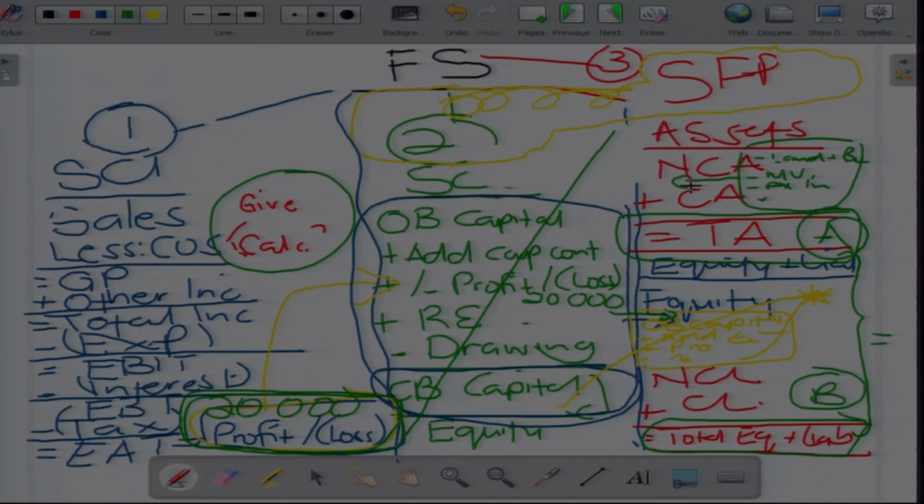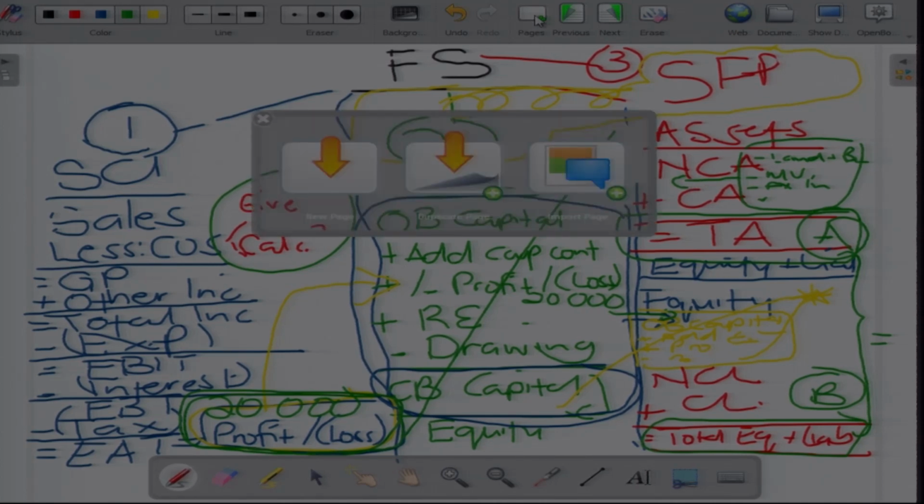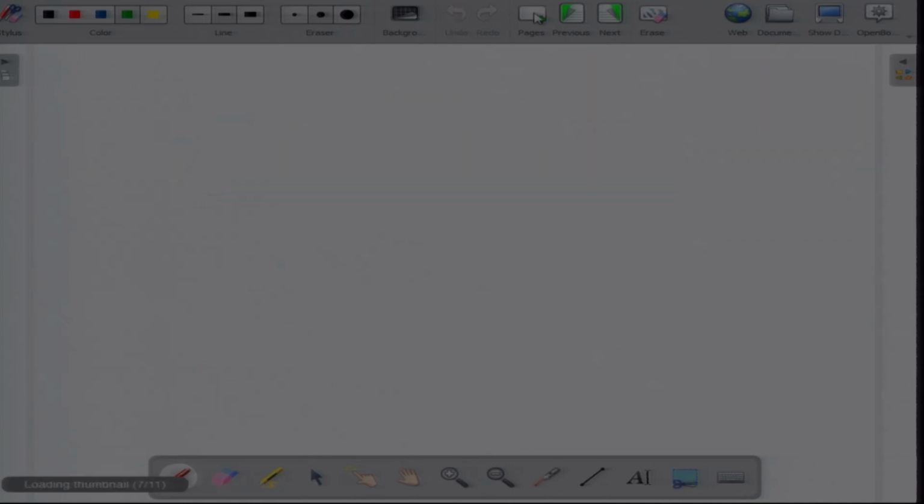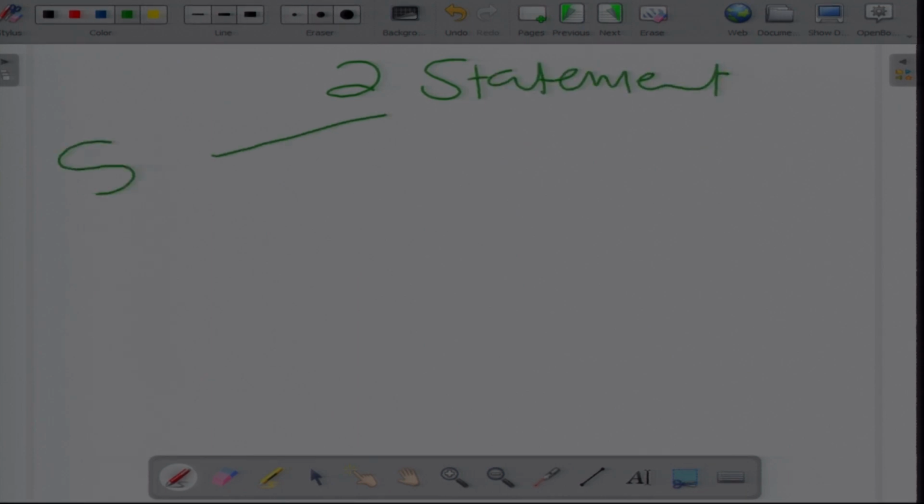So if we give you a question, you then basically going to do two statements. One statement of comprehensive income that only includes income and expense.